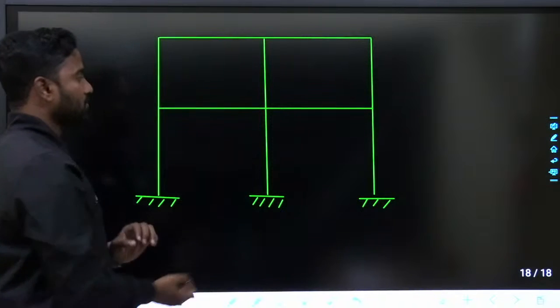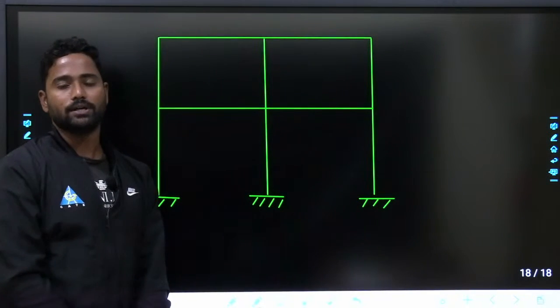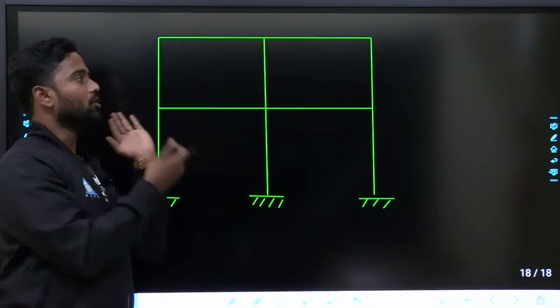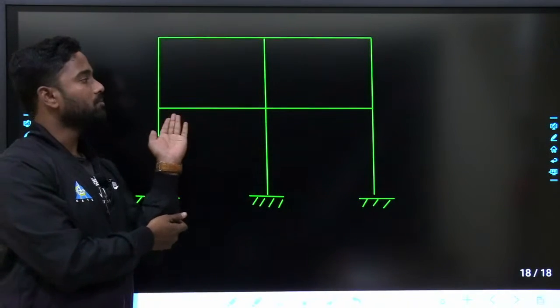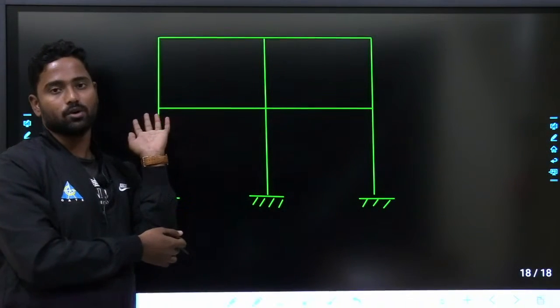Suppose they ask what is the static indeterminacy, external indeterminacy and internal indeterminacy of this frame. The frame idea is simple: it is not a truss member. Frames are members which will take bending moment, shear force and axial forces also.